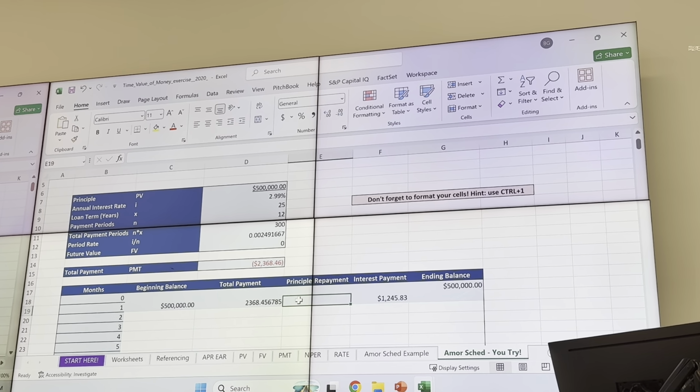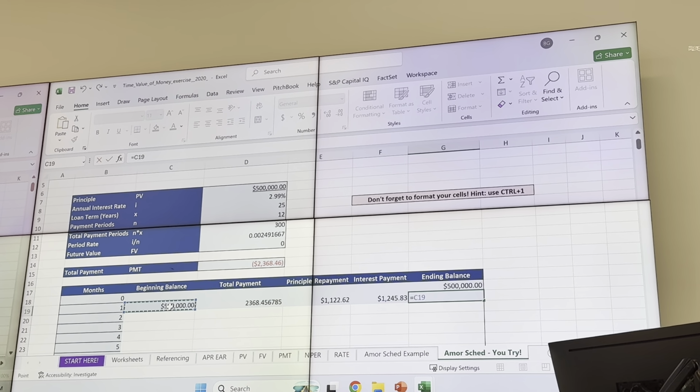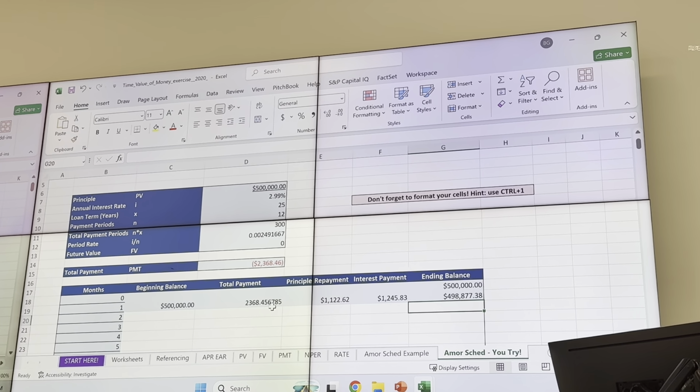My principal payment is equal to my total payment minus my interest payment. This is my principal payment. My ending balance after next month is basically equal to my beginning balance minus my principal payment, not total payment. If you do total payment, that will be wrong.